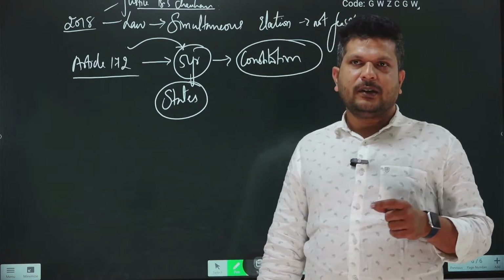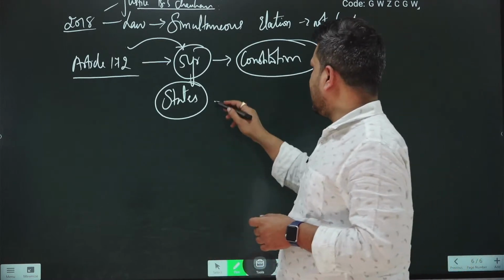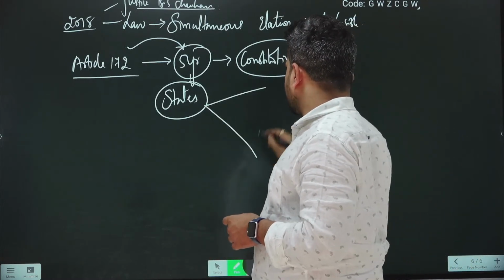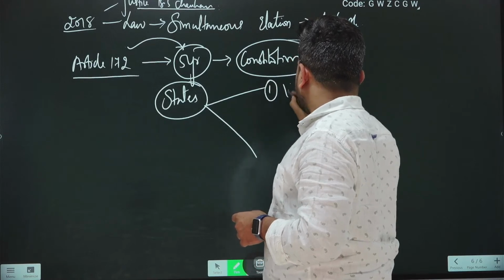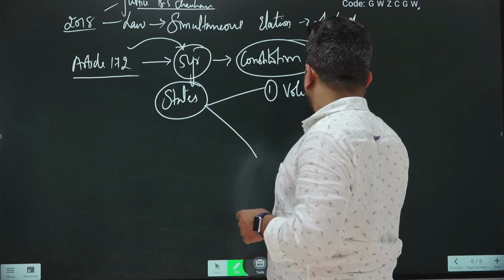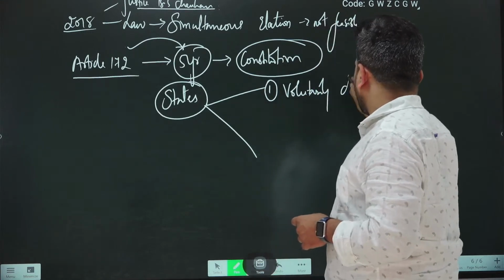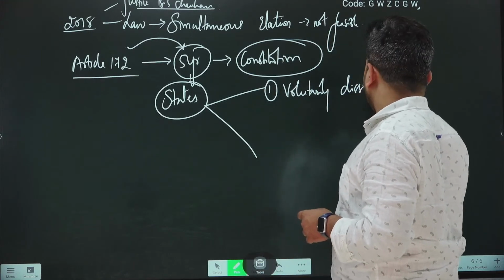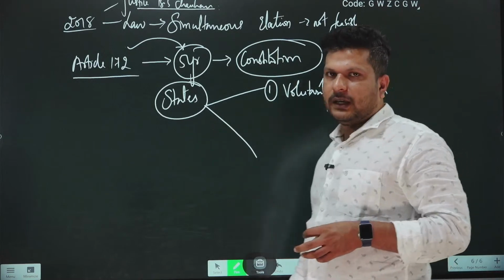And if any government has to expire here, there are two provisions. Number one, the state has to voluntarily dissolve its house so that new elections will be conducted.